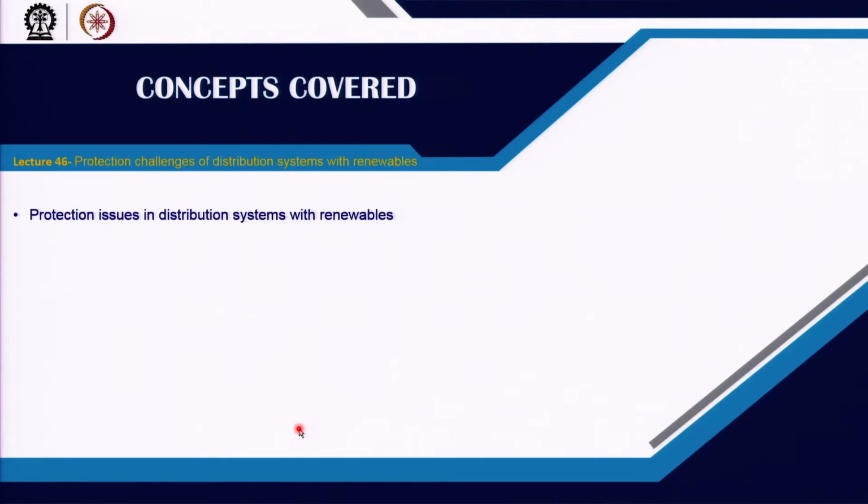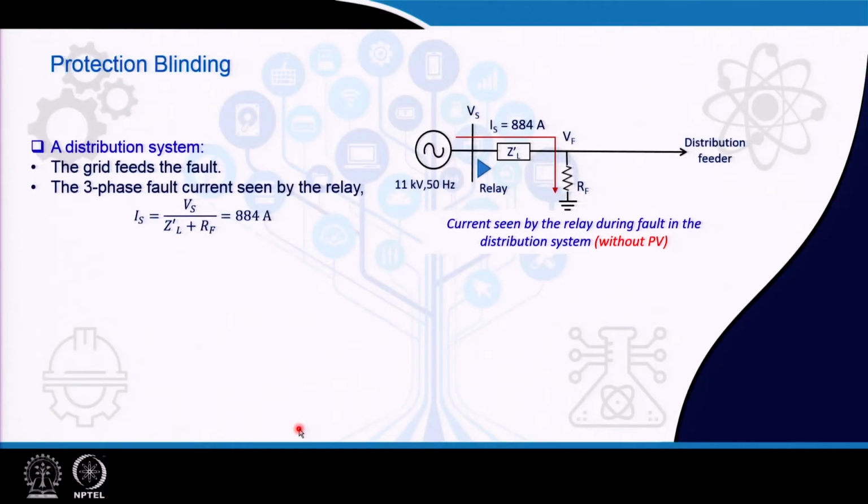In such situations they contribute current and voltage differently than the conventional synchronous machine based sources, and that makes a big difference in the fault characteristics of such distributed energy resources.